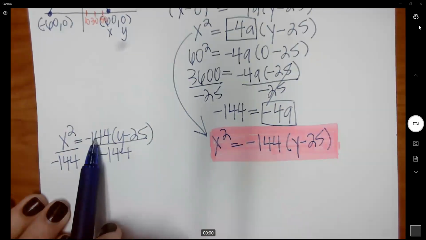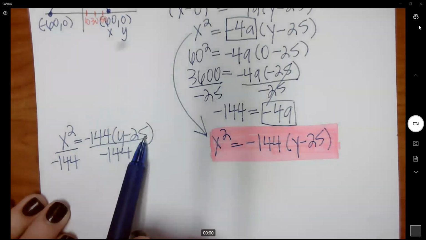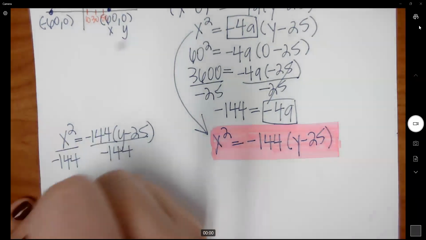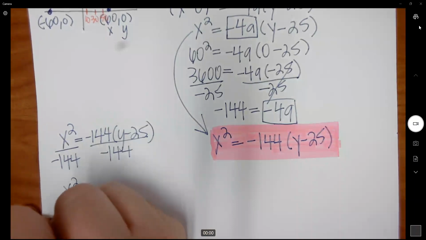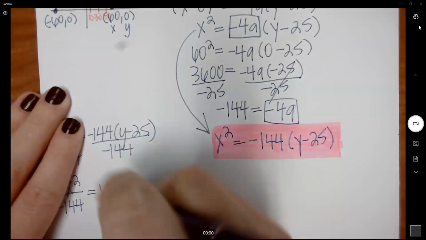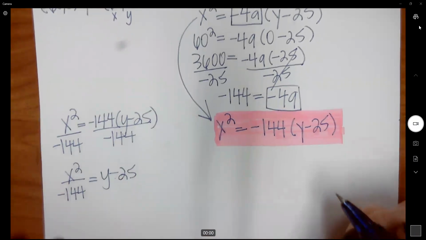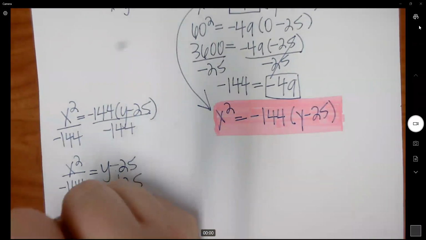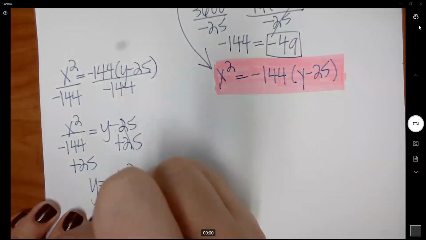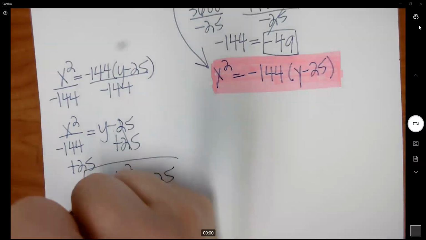Right? Because that's negative 144 times y, negative 144 times 25. So the opposite would be just to divide that over. Can't do anything here. So I've got x squared over negative 144 equals y minus 25. And then lastly, add your 25 over. So y then equals x squared over negative 144 plus 25.